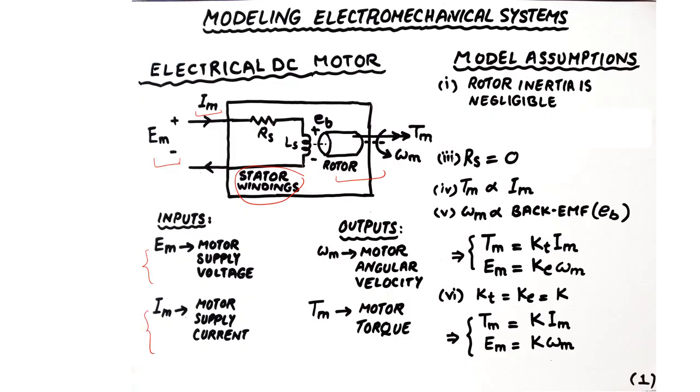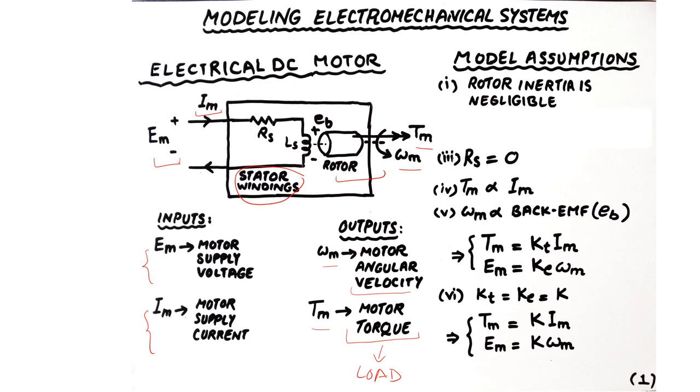The outputs are the dynamical properties of the rotor, such as the torque or the speed. So omega m, showing the motor angular velocity, can be one of the outputs, just as the torque applied to the rotor, or the torque that is generated inside the motor, which is then transferred to the load that a motor is supposed to rotate.